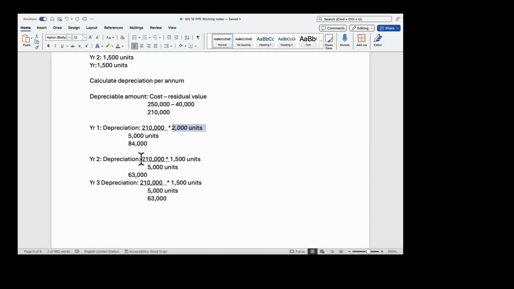The way I can ask it is, they give you the useful life in units. They now say that after 1 year, the company incurs costs and improves the units from 5,000 to 8,000.